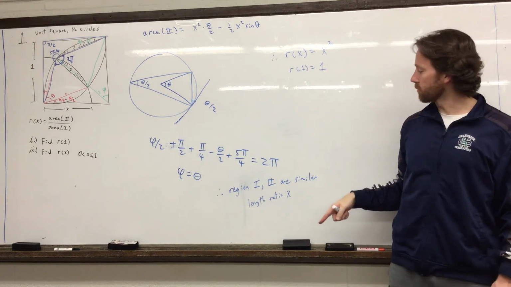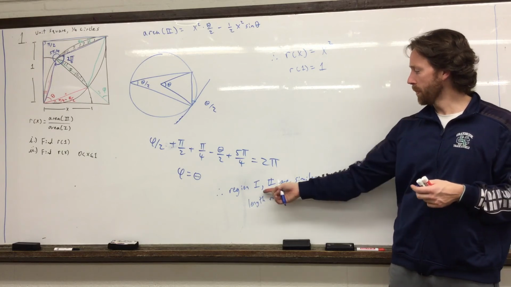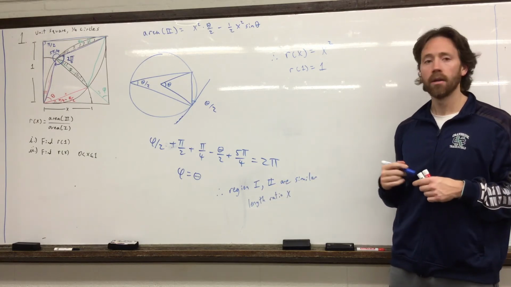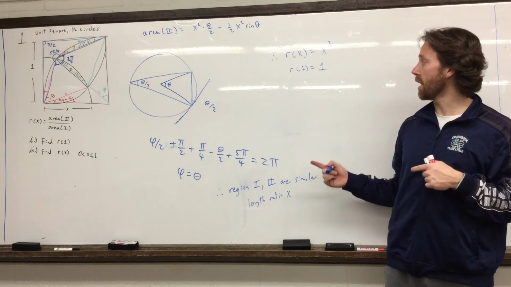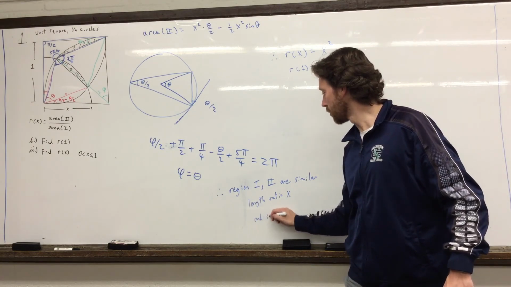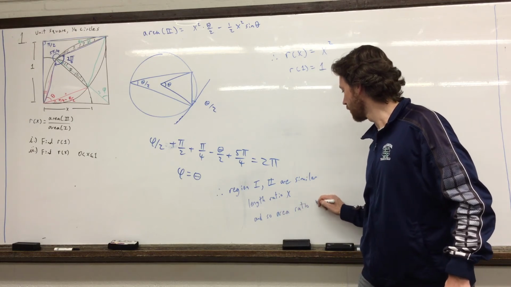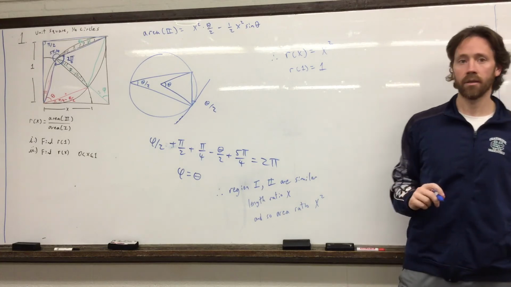So I would write these facts vertically on the sheet of paper, but on the whiteboard, if they're similar and they have a length ratio of x, then they have an area ratio of x squared.